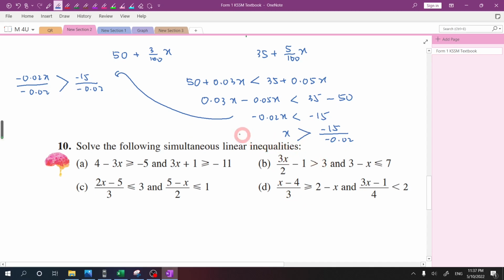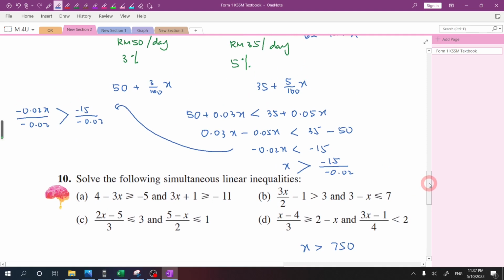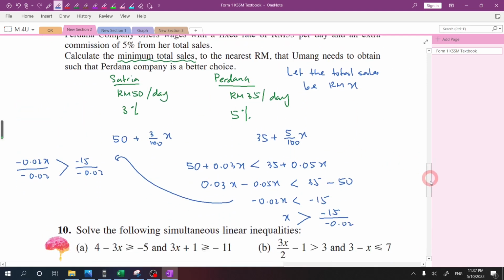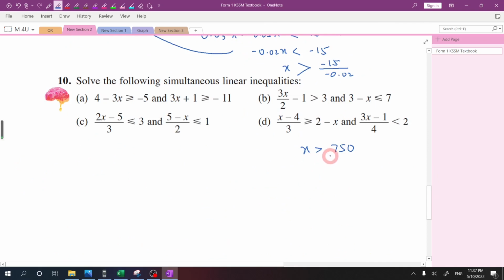Okay, so x is greater than 15 divided by 0.02, 750. But this is not the final answer. X must be more than.